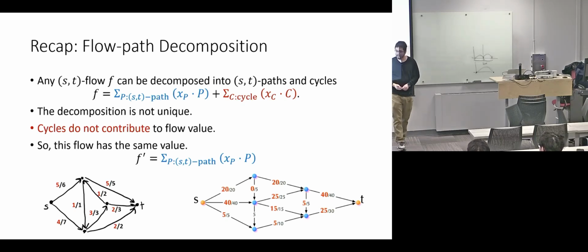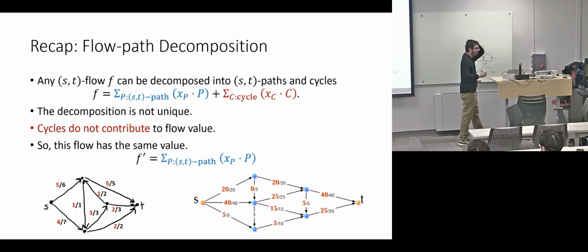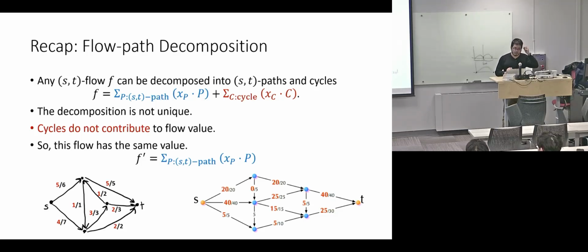Okay. So let me give an example of flow decomposition into paths and cycles. I might start with this path and I get 5 here, right?